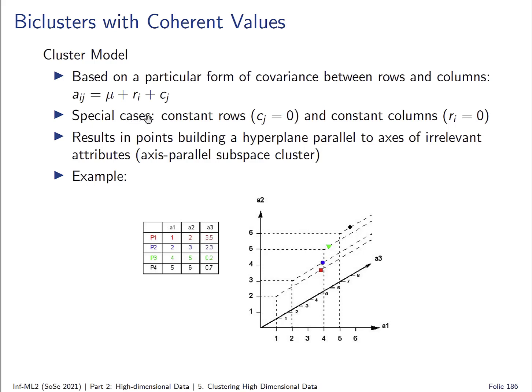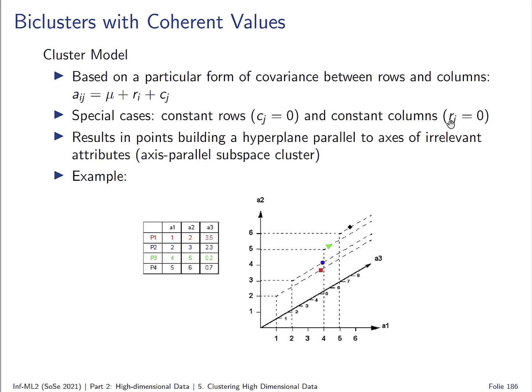Well, obviously our models from before, constant rows, constant columns, are special cases of this cluster model, because constant rows means that we have a zero adjustment in the columns, and constant columns is the special case where we have an adjustment in the rows which is zero.